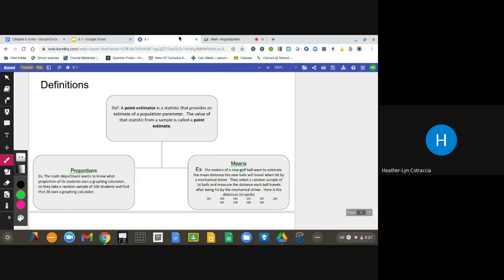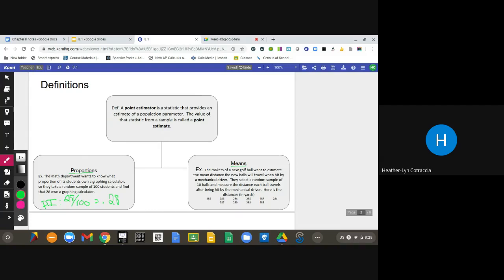It also says they take a random sample of 100 students and find that 28 own a graphing calculator, which means that my point estimate here, I'm going to abbreviate that with p-hat, would be 28 out of 100, or if you would rather, 0.28. That would be my point estimate. That's going to be right in the center of my confidence interval.